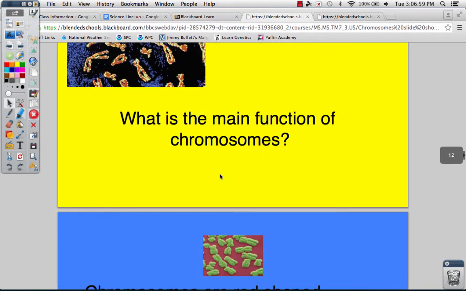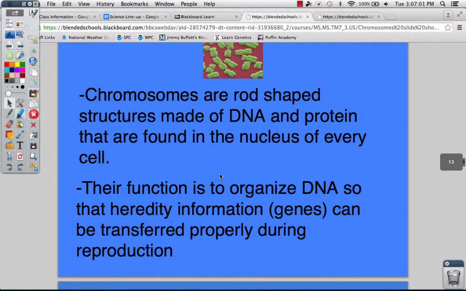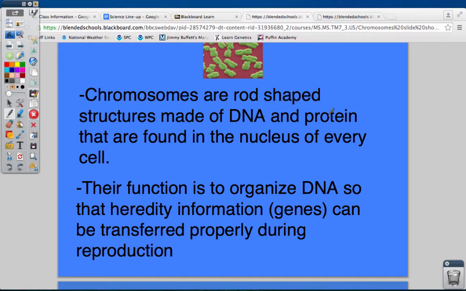Our next section here is, what are chromosomes? Well, chromosomes are rod-shaped structures made of DNA, and we won't worry about the protein part, that are found in the nucleus of every cell. Their function is to organize DNA so that hereditary information, or genes, can be transferred properly during reproduction.